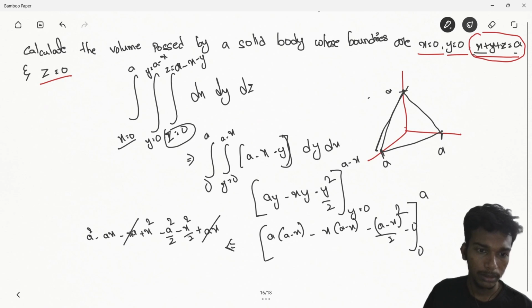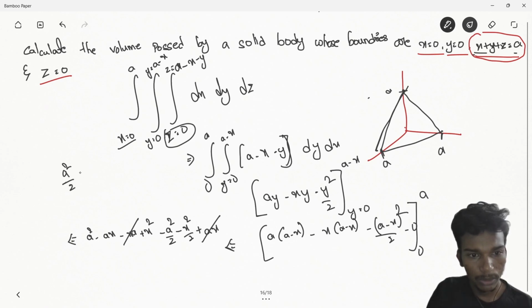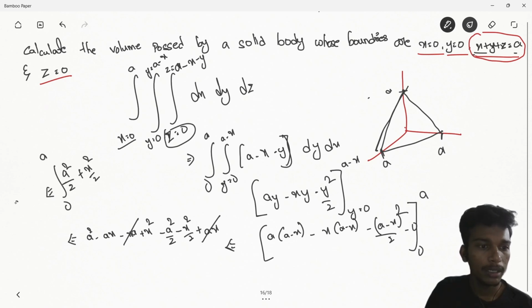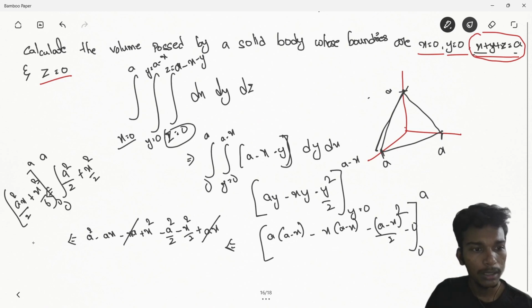I'm going to integrate these values: a square by 2 plus x square by 2 between the limits 0 to a. I will get a square x by 2 plus x cube by 6 between the limits 0 to a, right?